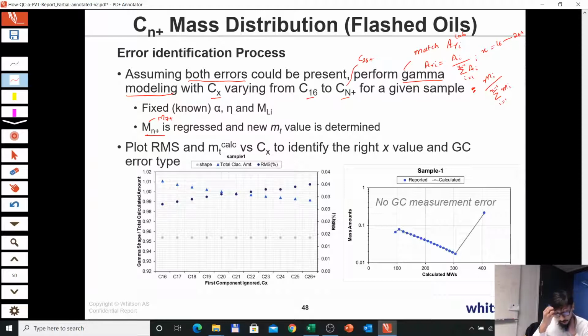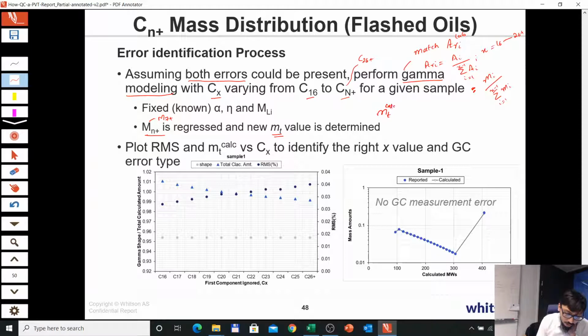Okay. And we will see in the Excel file how the new total mass is calculated, but that's something we discussed before, the new calculated mass.